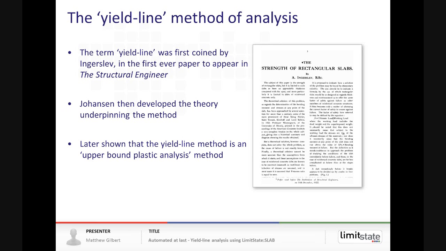But Johansen, some years later, really developed the method as we now know it, and it was subsequently shown that Johansen's yield line method is actually an upper bound plastic analysis method. So in other words, it's a mechanism method of analysis.